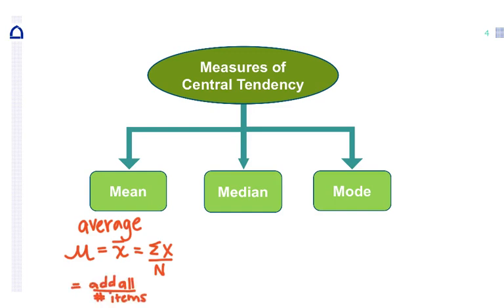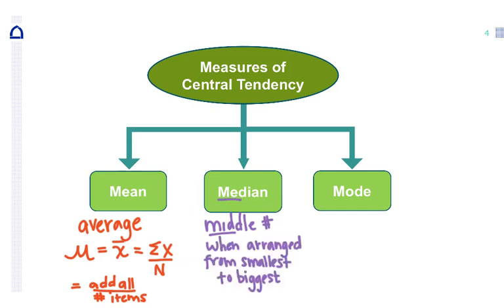Okay, the next measure of center is called the median. You can remember it is the middle number when arranged from smallest to biggest. The last measure of central tendency is called the mode, and this is the most repeated data point.